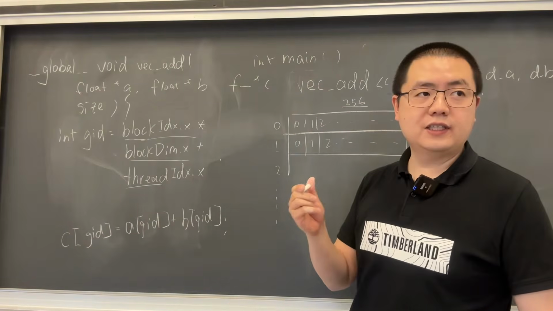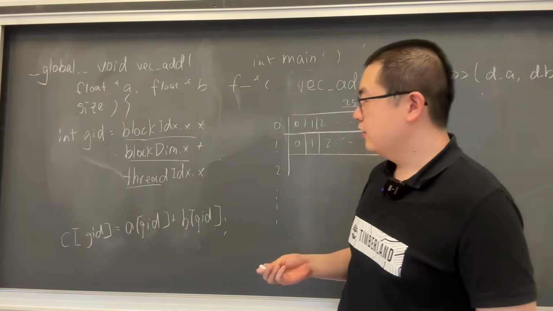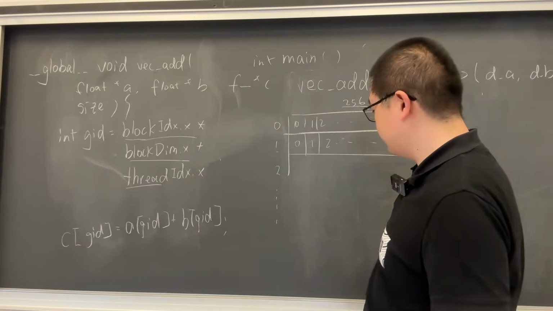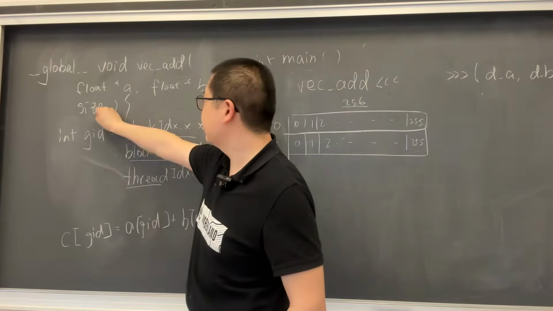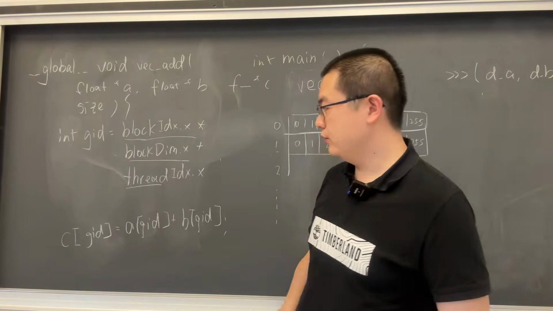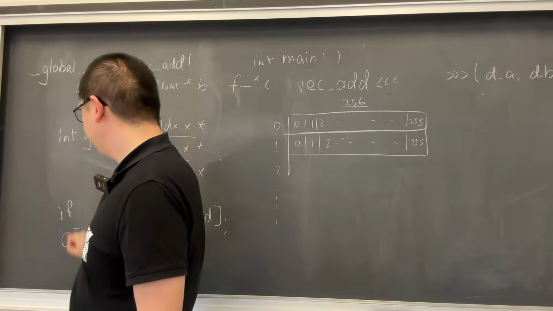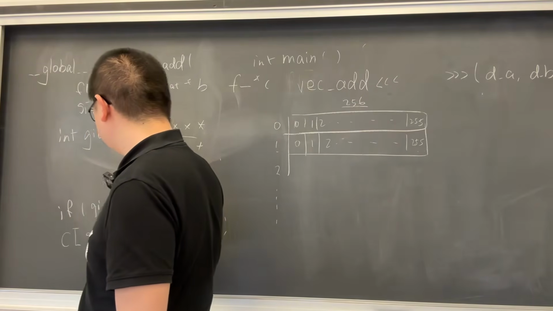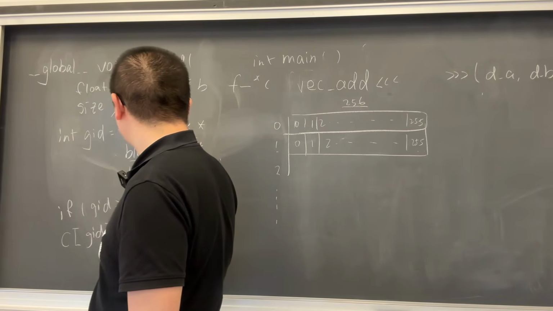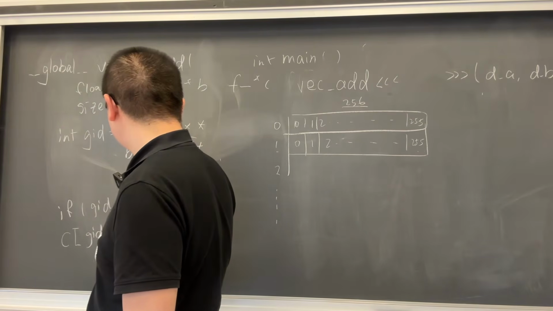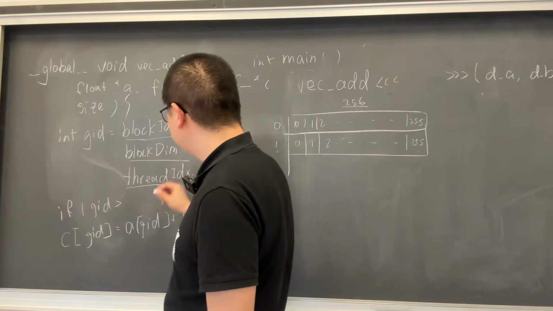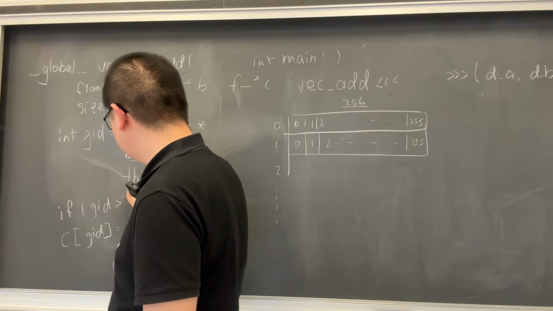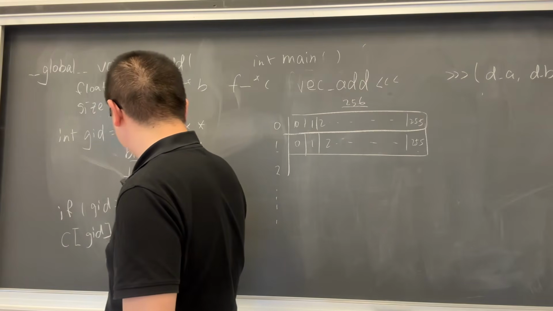Then of course you need a little bit of safeguard: what if your kernel size, number of threads, is larger than this size? What you do is simply an if GID is greater than, I will simply write kernel size here.